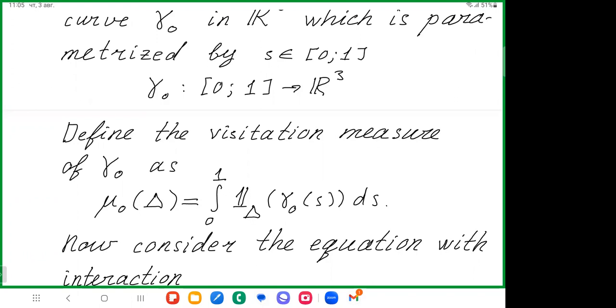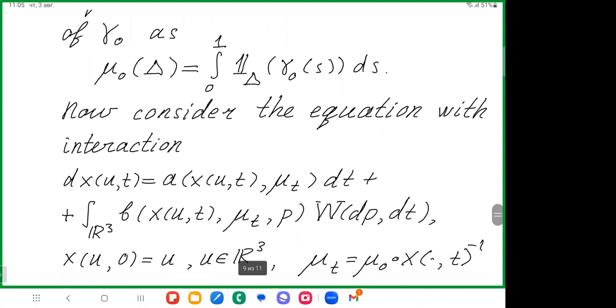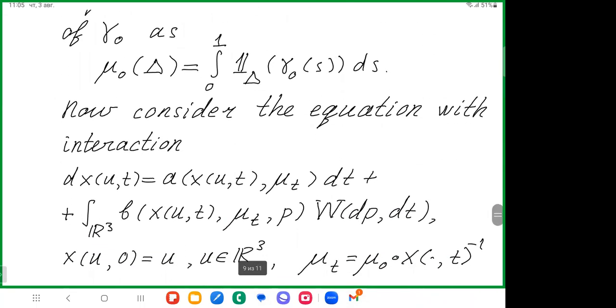Now consider the equation with interaction with this mu 0 as the initial measure. This is a general form of the equation with interaction, and we have mu t as the image of mu 0 under x.